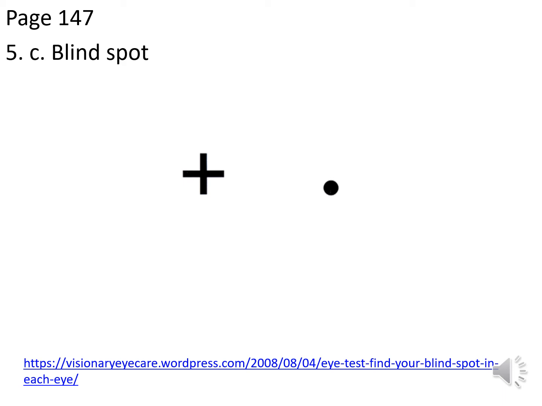But to try to find your blind spot, close the left eye, or hold it closed, whichever. Hold the lab book about 20 inches in front of your face. Look at the cross. As you move the lab book closer to your face, stare at the cross. Out of your peripheral vision, oh my gosh, did the circle just disappear? At about 12 to 18 inches, the circle will actually disappear on me.